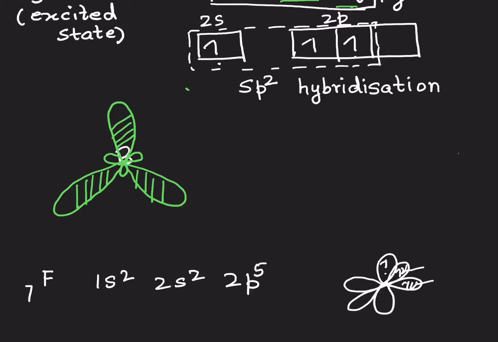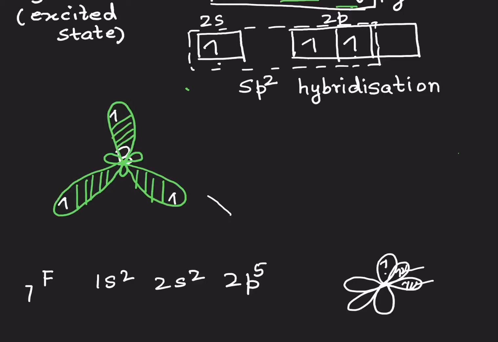and it's the third one that has to pair up its electron. Each of these hybrid orbitals in the case of boron has an unpaired electron. Should I draw the unpaired electron in white so that it's more visible? Okay, here we have an unpaired electron. Now fluorine comes in. Fluorine is the guest that we were expecting. Yes, so fluorine comes in, and would you like to draw it yourself?